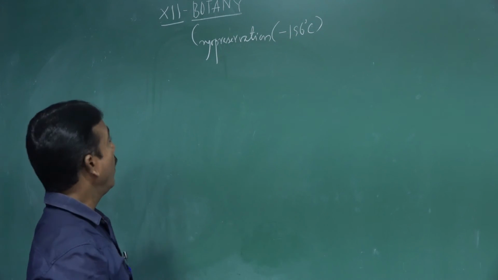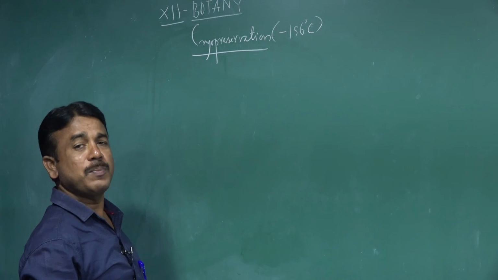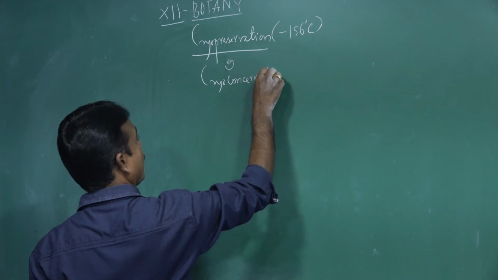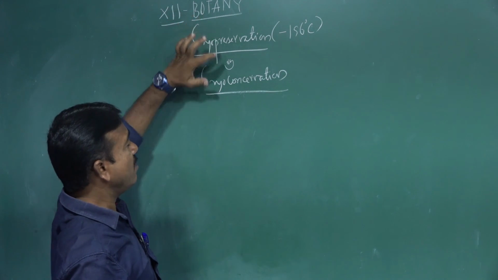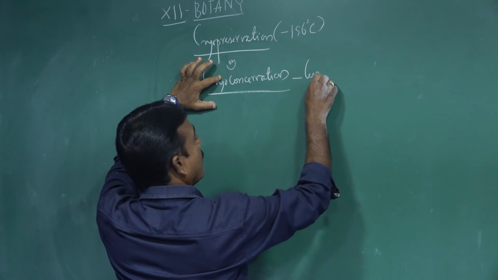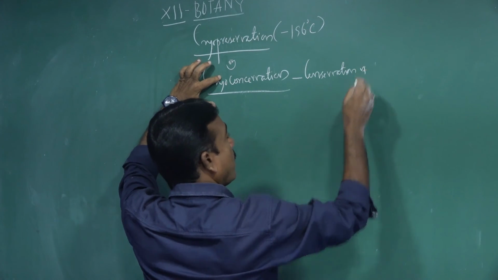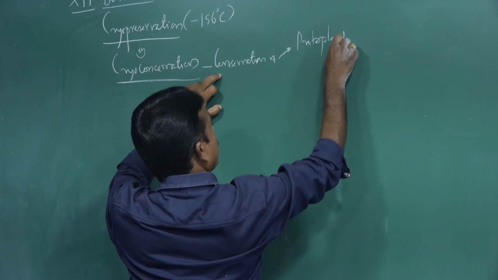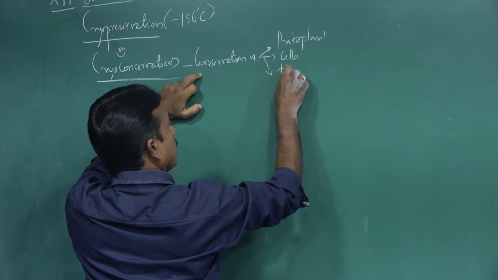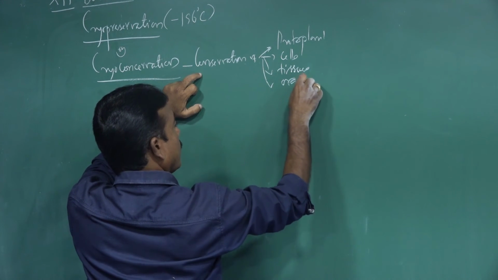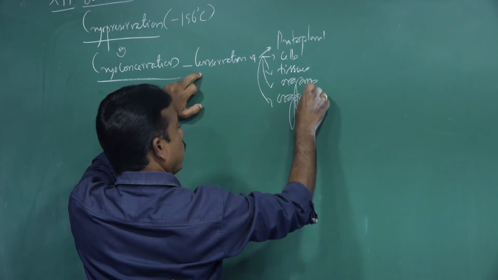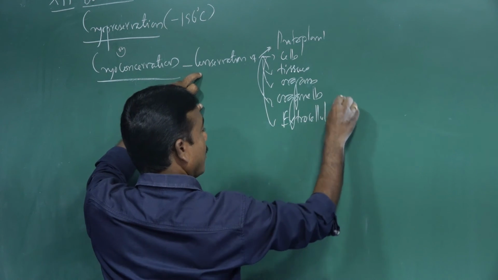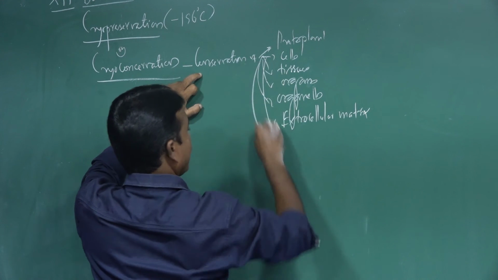So what is cryopreservation? Cryopreservation is also called cryoconservation. Cryopreservation or cryoconservation is nothing but the conservation of plant components such as protoplasts, cells, tissues, organs, organelles, extracellular matrix, and enzymes.